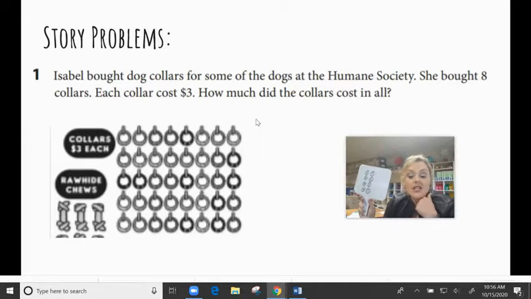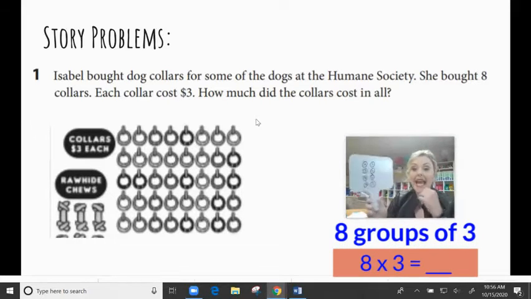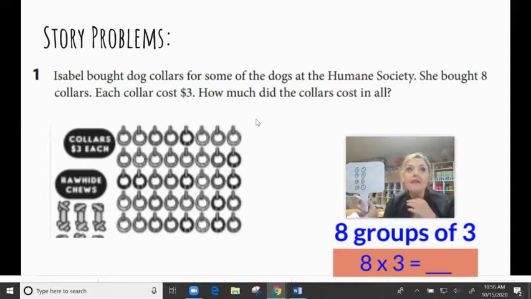Now the question says, how much did the collars cost in all? So all I need to do is figure out how many 3s I'm adding here. Well, I know she had 8, and I see 8 groups of 3. We know that groups of means to multiply, so this one would be 8 times 3.